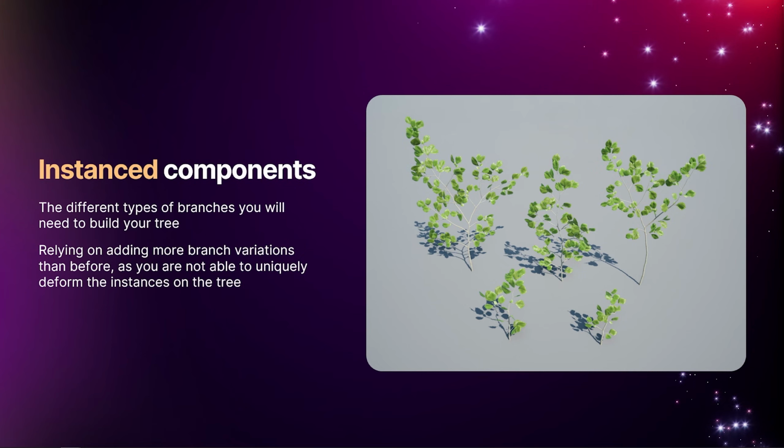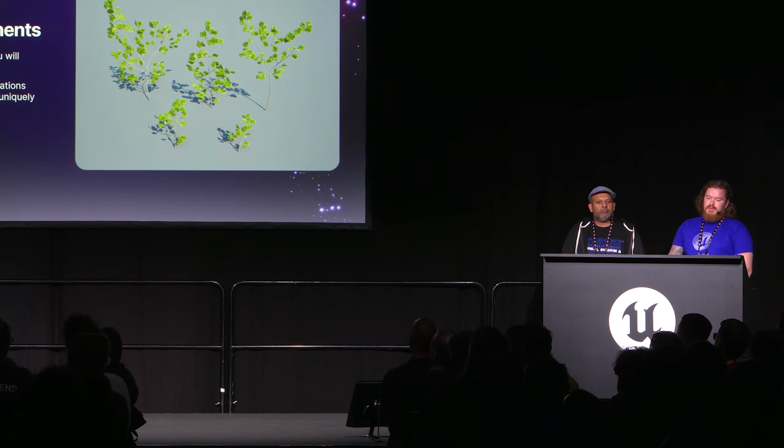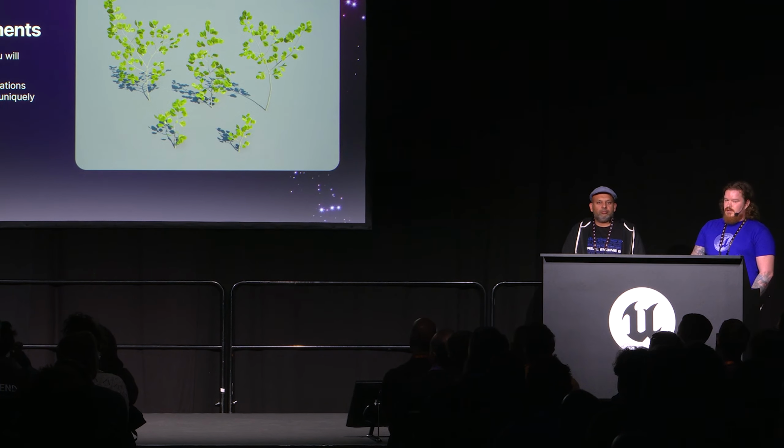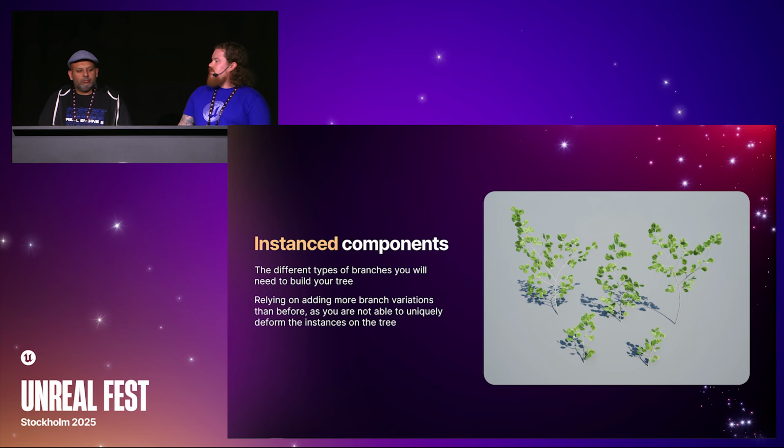As you're not able to store unique deformations, since you can only store transforms on these instances, you may want to have a bit more to work with to get all the shapes you want. So for example, you may want to have flatter branches at the bottom of your tree, and more clustered, almost bouquet-shaped clusters as you move up the tree. So you have to pre-build these variations and then scatter them out.